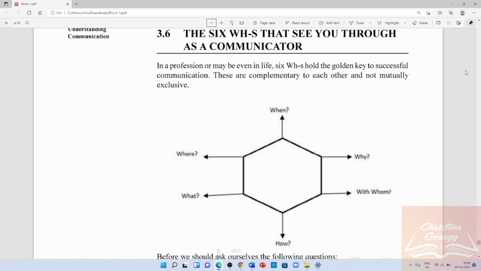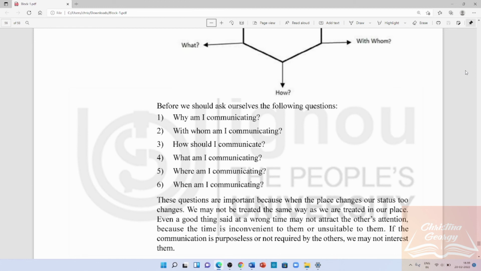These questions are important because when the place changes, our status too changes. We may not be treated the same way as we are treated in our own place. Even a good thing said at the wrong time may not attract the others' attention because the time is inconvenient or unsuitable to them.